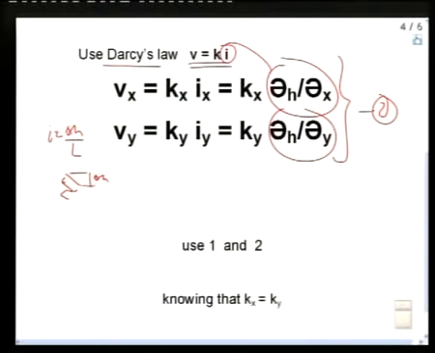Knowing that this is a very small element, can I say that Kx equals Ky equals Kz? Because it's a very small element, there is no change.